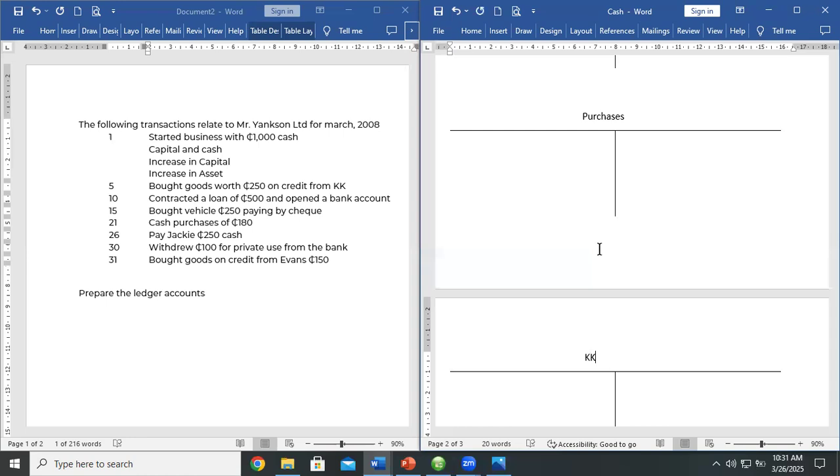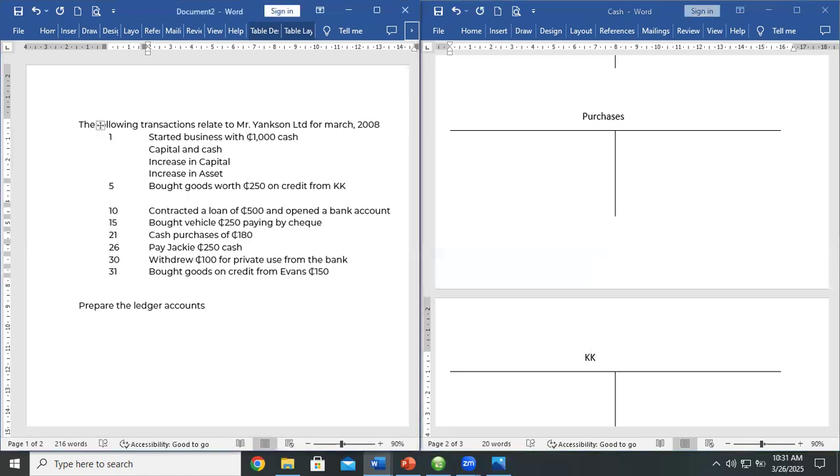Anytime you buy goods, you debit the purchases account. Why are we debiting purchases? Because if we look at the effect, it leads to an increase in the asset stock. When you purchase goods or stock, your stock will increase. But like I'm saying, the account we open is purchases. So the purchases account will be debited because it is recording the increase in asset, and when an asset increases, we debit.